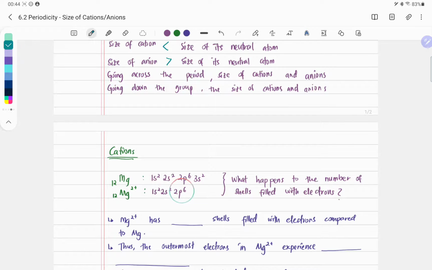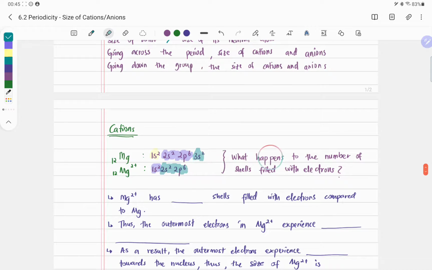Kalau kita tengok apa yang terjadi pada number of shells filled with electrons, number of shells dia berbeza. So kalau kita tengok magnesium, dia ada 1 shell, 2 shell, 3 shell. Manakala magnesium ion, it is 1 shell, 2 shell sahaja.